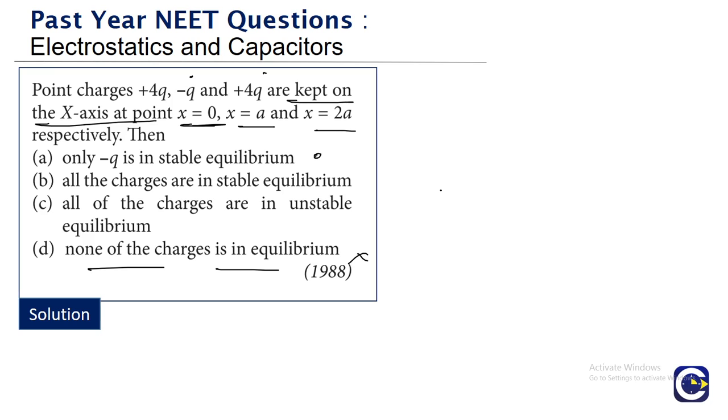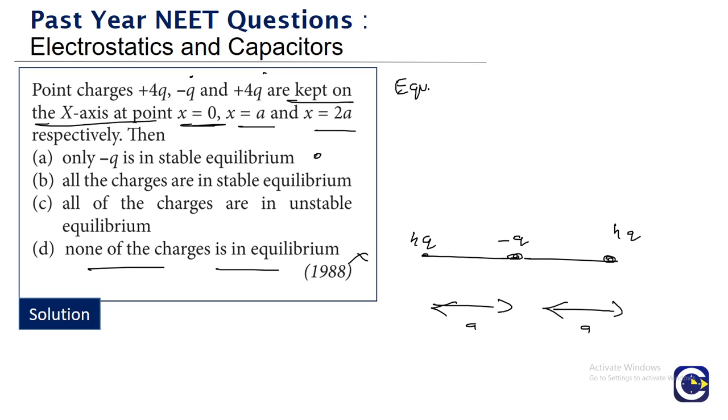That is the question. So for that, again we'll look at the representation. So we have a 4q here, minus q and 4q. This gap is a, this gap is a. Now let us look at the equilibrium of minus q.